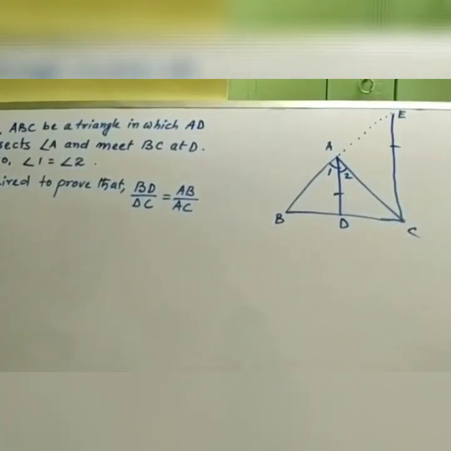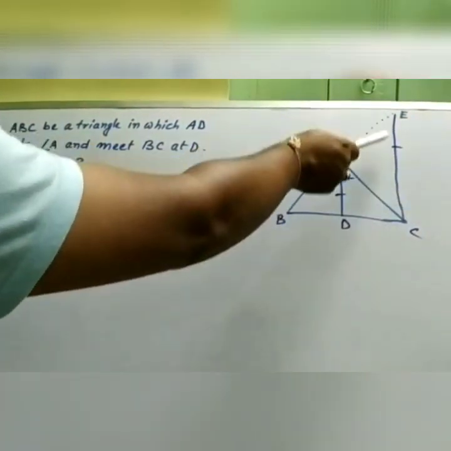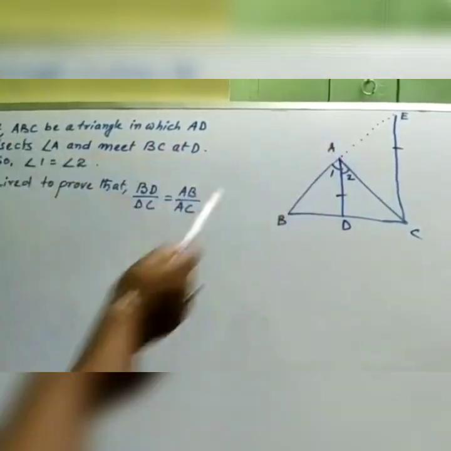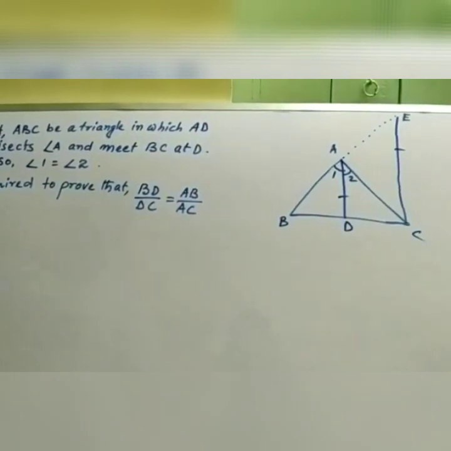So in the construction we have drawn the side CE parallel to DA, and that intersects BA produced at E. That is the construction.